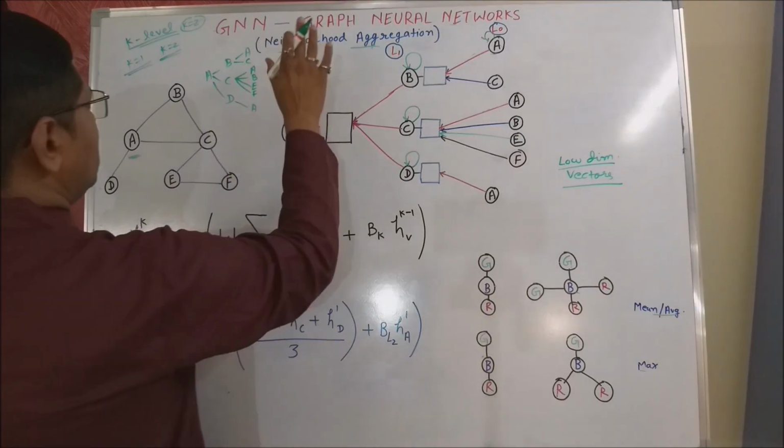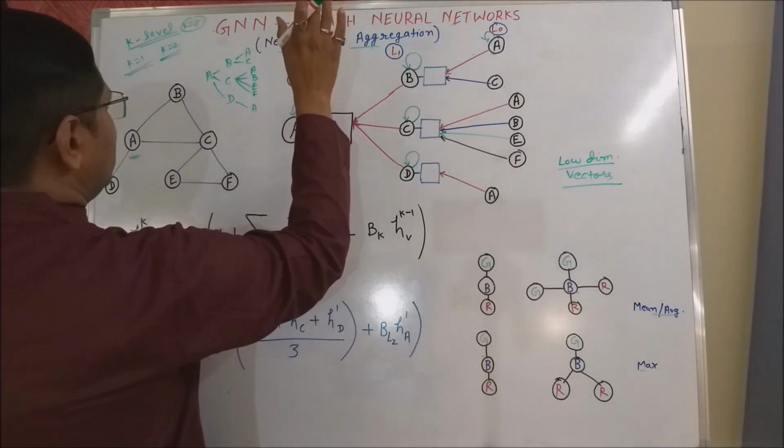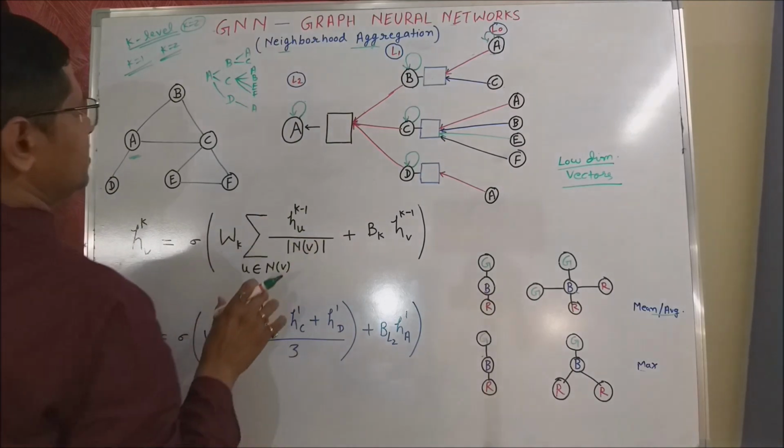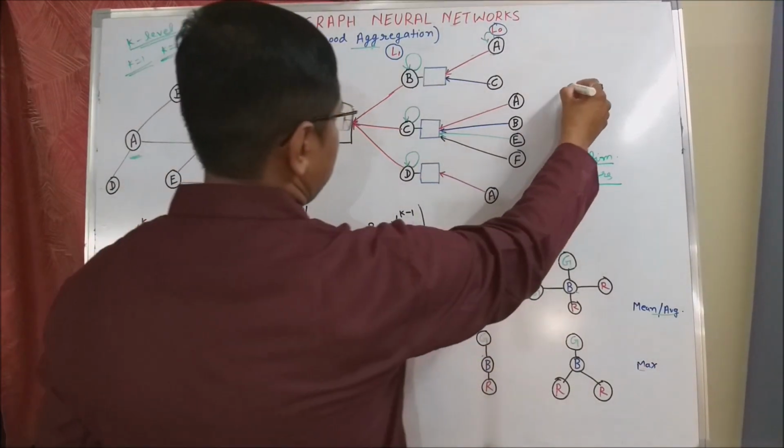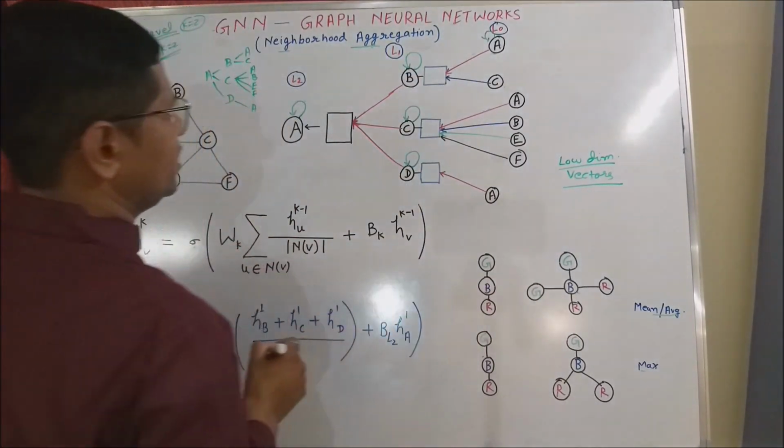Now, to achieve the neighborhood aggregation we take two different things. First is aggregation and second is neural network architecture.